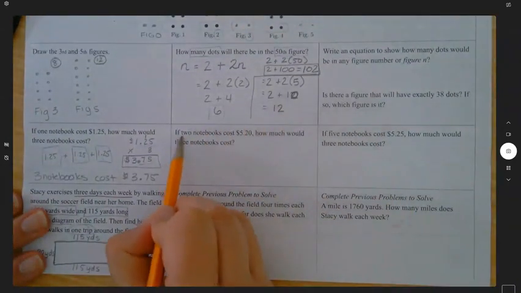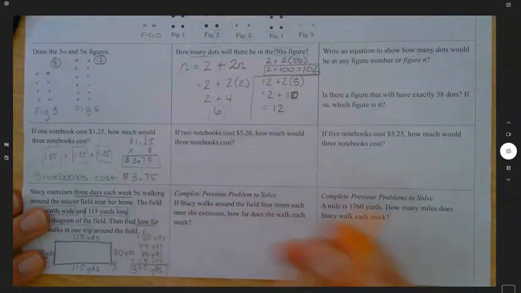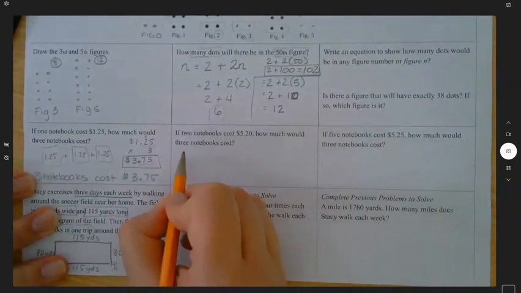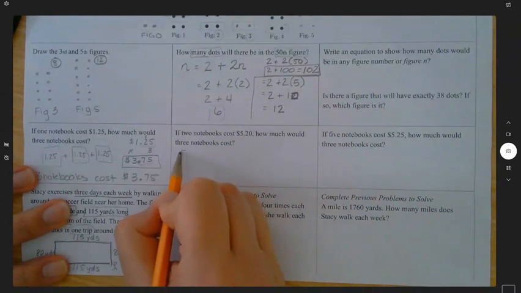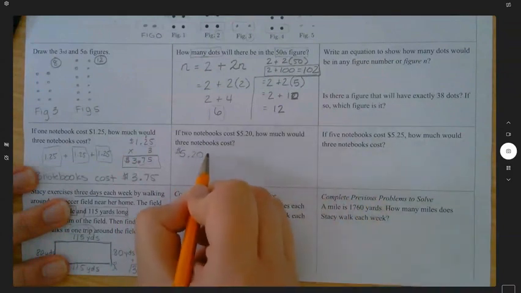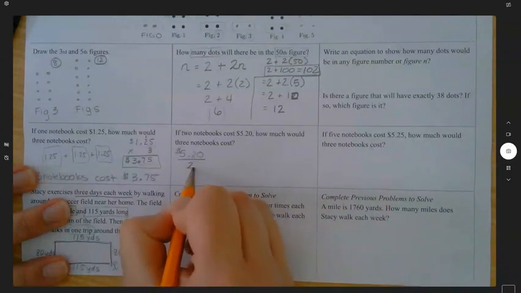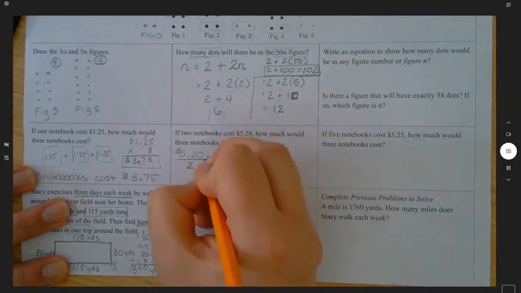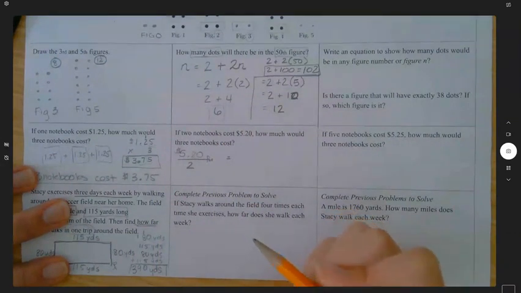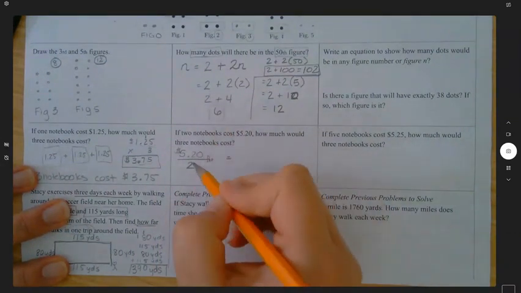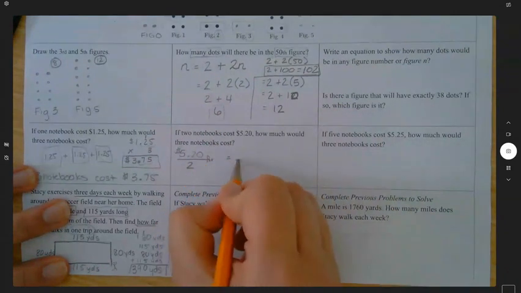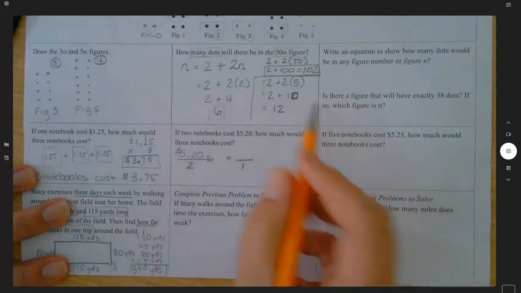All right. If 2 notebooks cost $5.20, how much would 3 notebooks cost? So this is really asking us, we have $5.20 for 2 notebooks. But we really want to find out how much 3 notebooks would cost. One way to go about solving that would be to figure out how much for 1 notebook, which is called a unit rate.